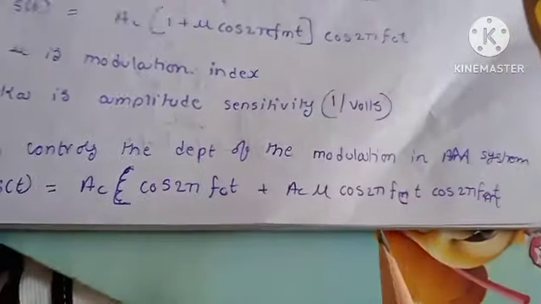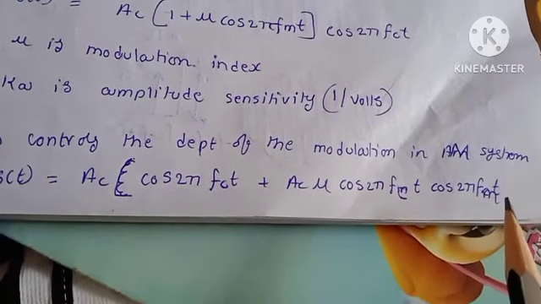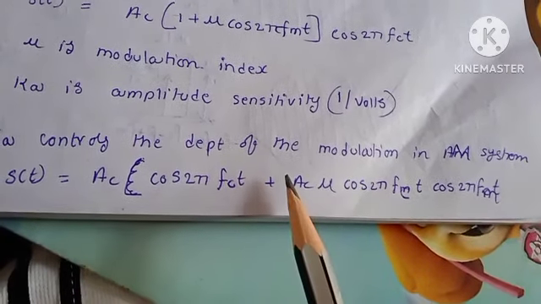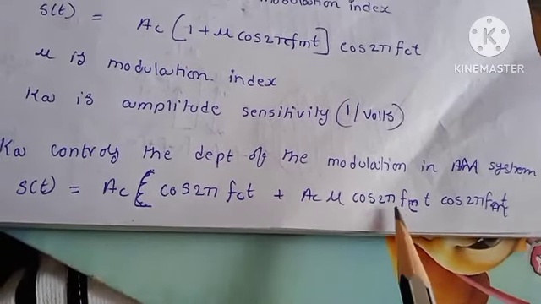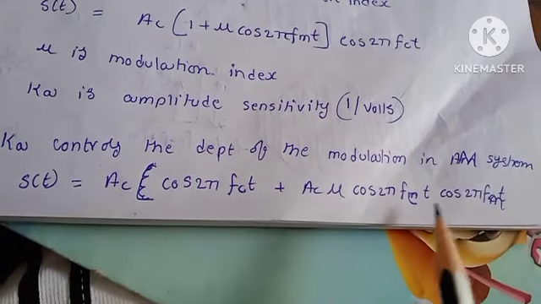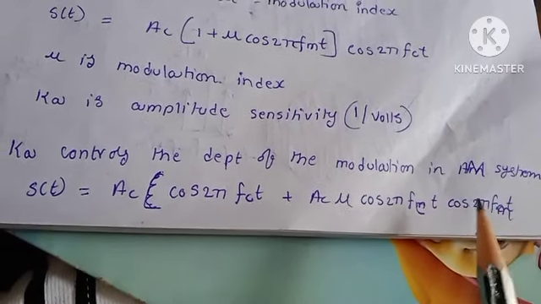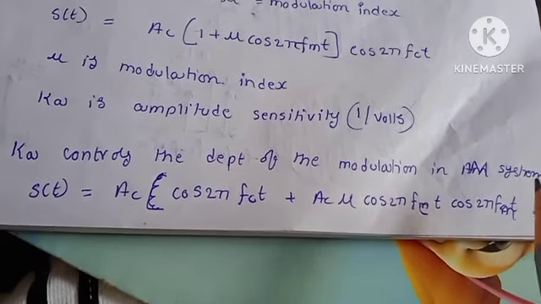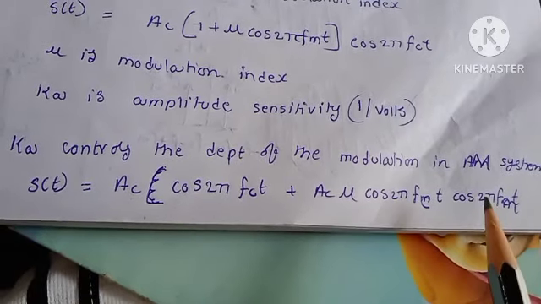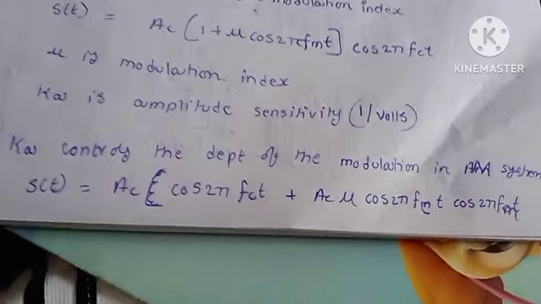By using the product formula, we can rewrite cos 2 pi fc t cos 2 pi fm t as half of cos 2 pi (fc plus fm) t plus half of cos 2 pi (fc minus fm) t.